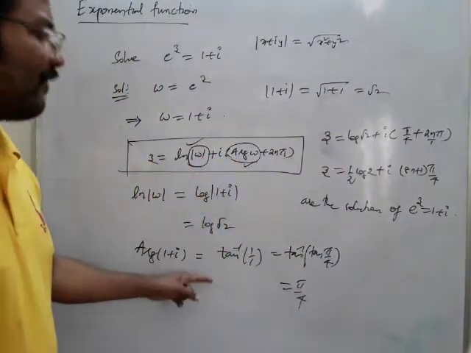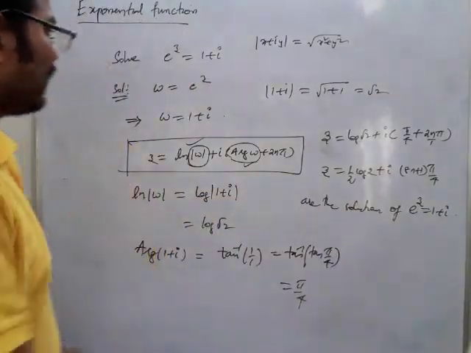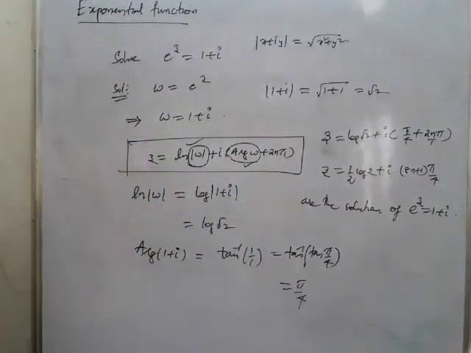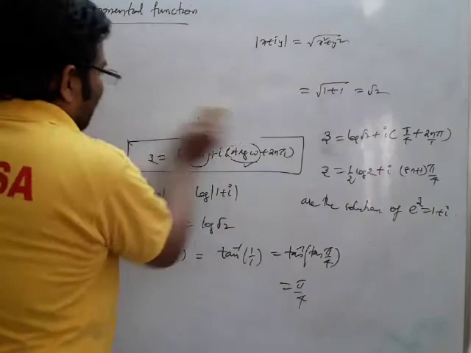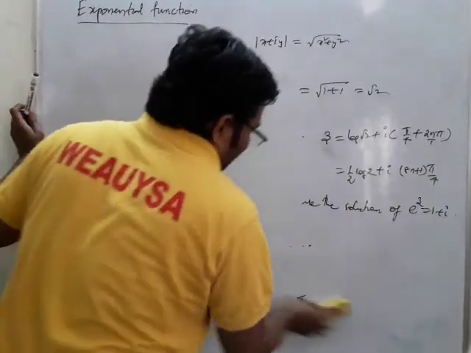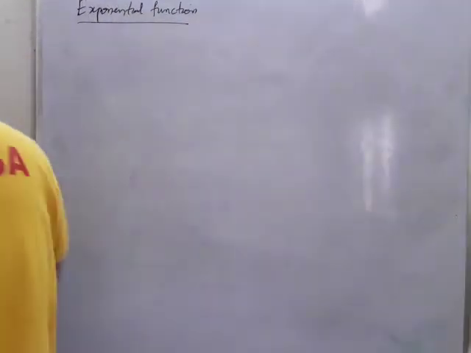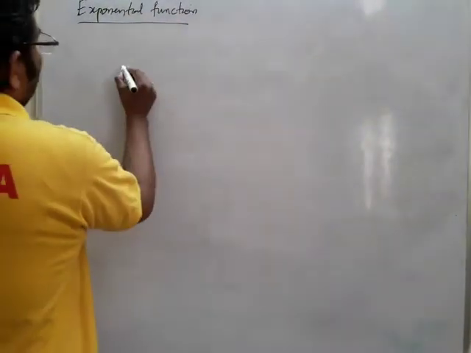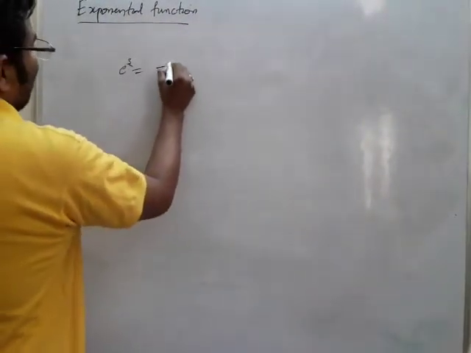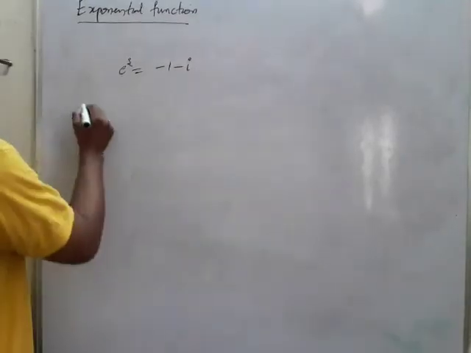Then after that you have to substitute in this. This is one of the problems. And if you go for another important problem, how to do that also we'll see. Let us take e power z is equal to -1 minus I. Solution.